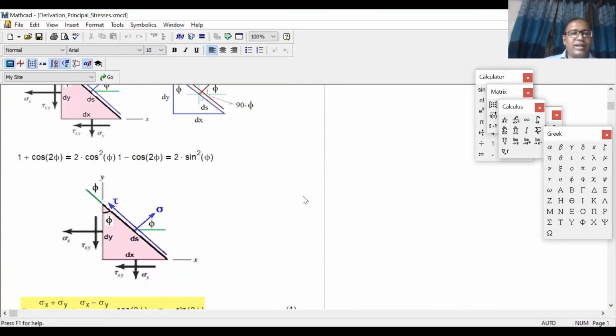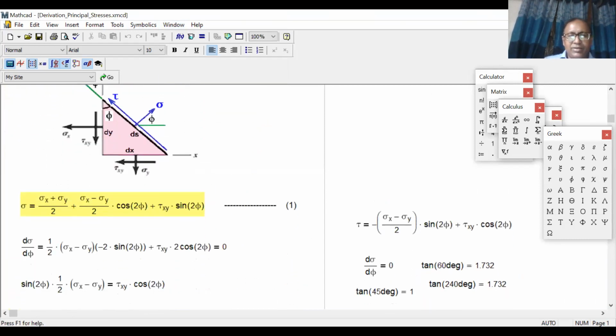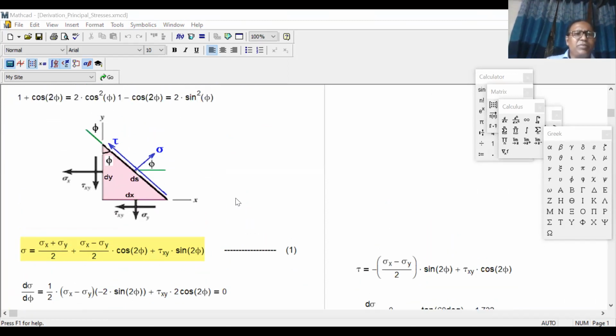Okay, did you see the MathCAD file? Yes, sir, it's visible. Okay, thank you. Right now I have drawn it. So you see, same free body, I just put it over here, just to refresh your mind.